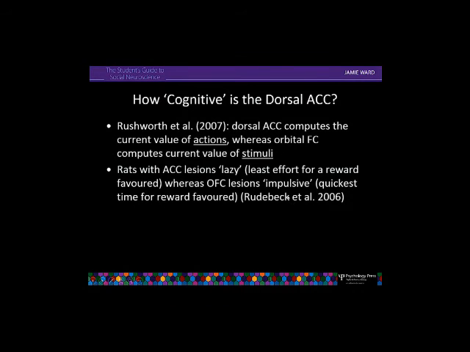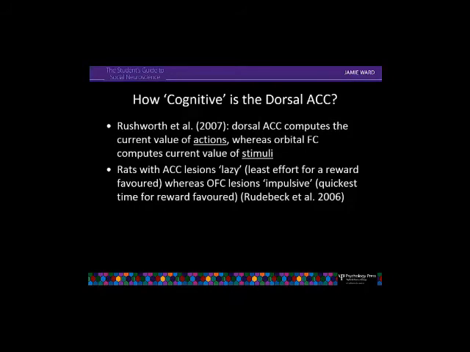You want your rewards now. If you lesion your anterior cingulate cortex, you become lazy, in inverted commas, which means that you don't want to work for a reward. So it's not about the immediacy of the reward. It's about wanting to get a reward with the minimum effort, and not being willing to work anymore for a higher reward. So both of them are disrupting this motivational or evaluation process, but in somewhat different ways.